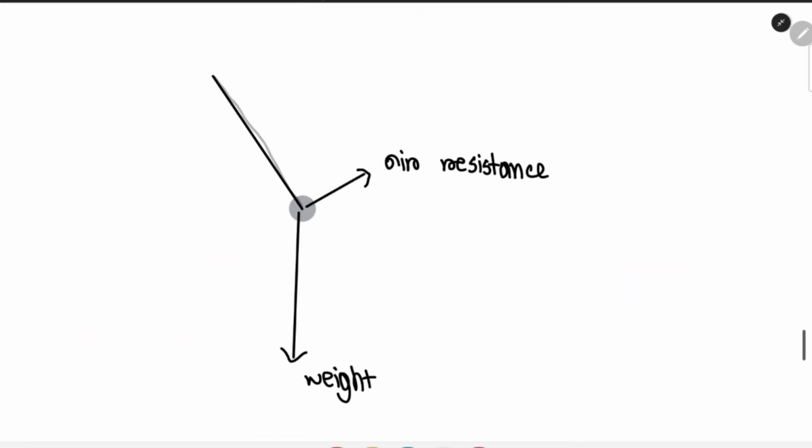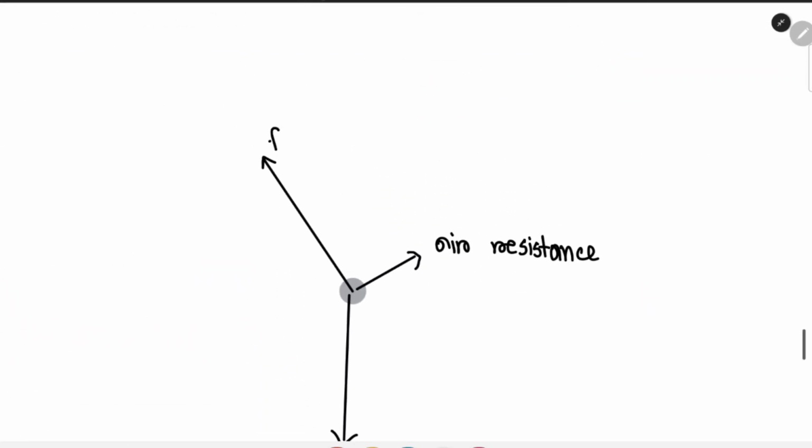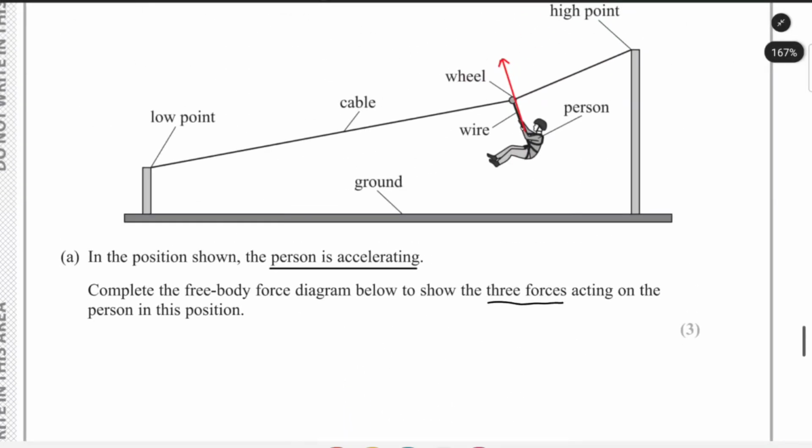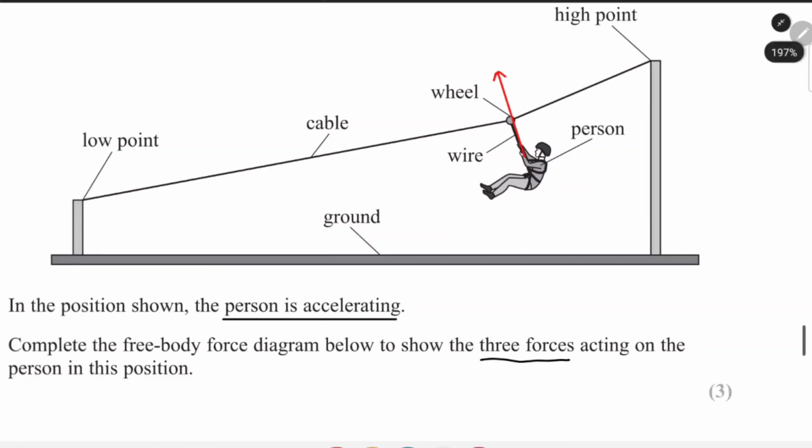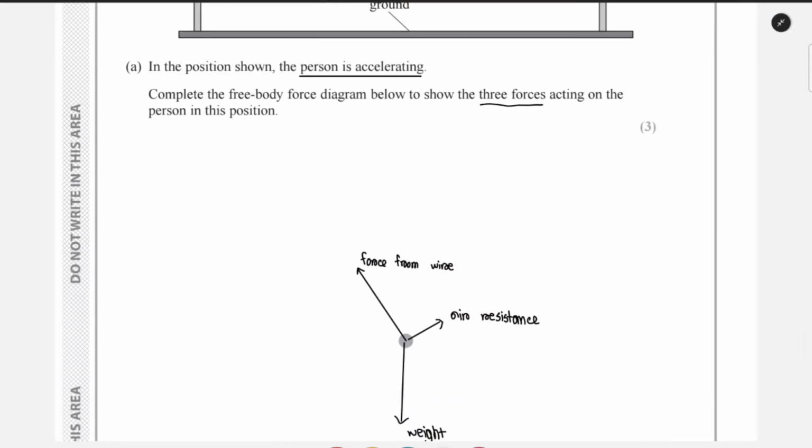So that's the force from the wear. This isn't necessarily tension. This is a contact force actually, because the person is holding on to the wear. The wear has a tension with the wheel and the cable, but the person does not have a tension. Tension is not acting on the person at this moment.